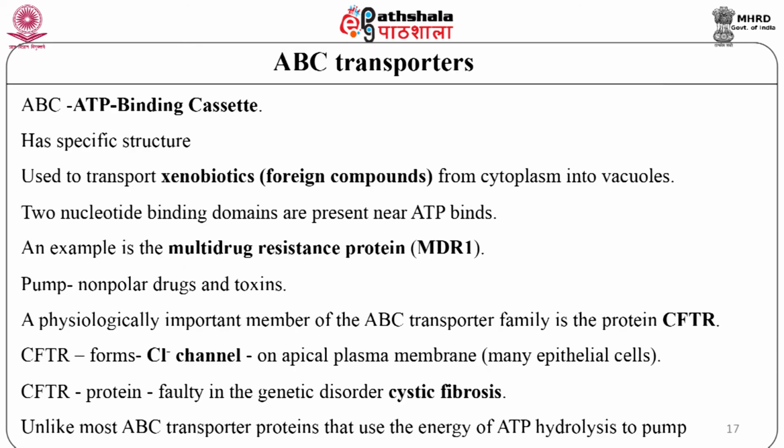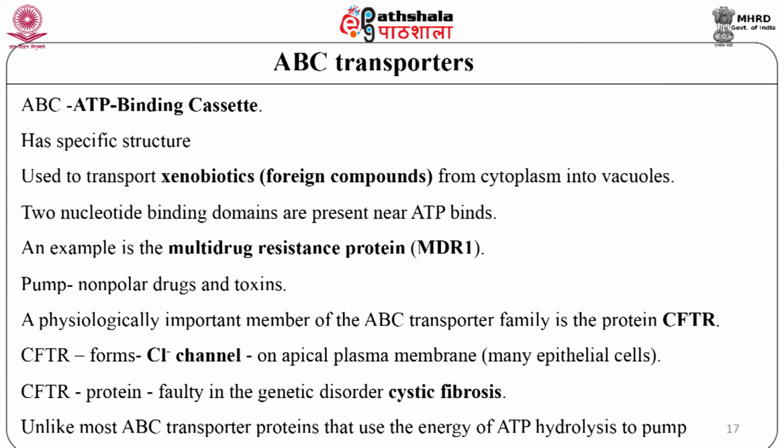ABC transporters. ABC transporters are a family of transporters that depend upon ATP binding for transport. ABC stands for ATP binding cassette. ABC proteins have a particular molecular structure that includes 2 nucleotide binding domains where ATP binds.